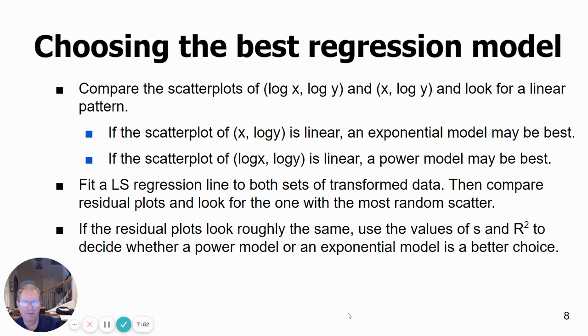And if that isn't conclusive, then if the residual plots look roughly the same, the last thing you look at is the values of s and r squared to decide whether a power model or an exponential model is the better choice. Usually you only have to look at the scatter plots to make a conclusion, but here is the procedure if the scatter plots are ambiguous.